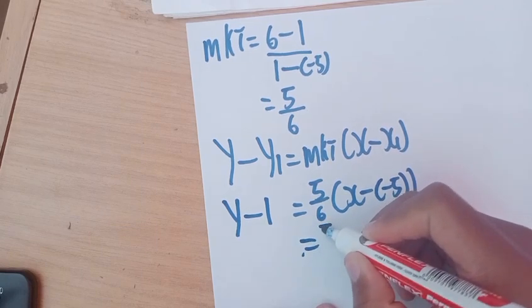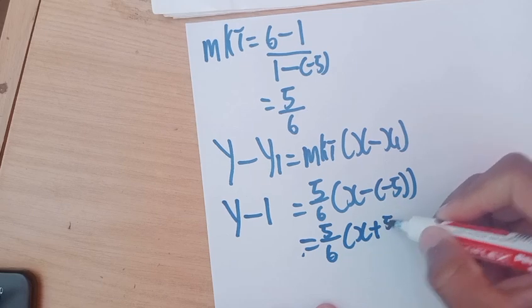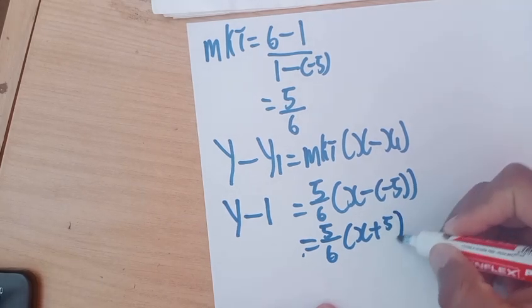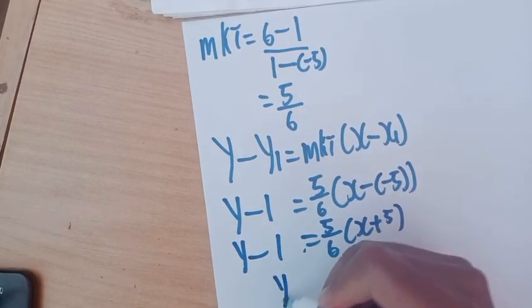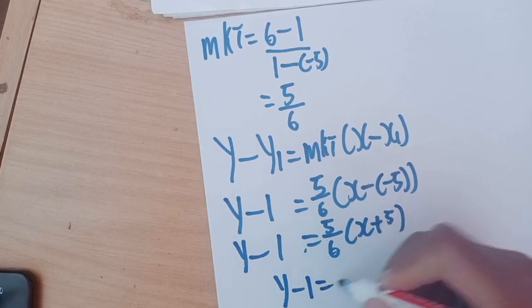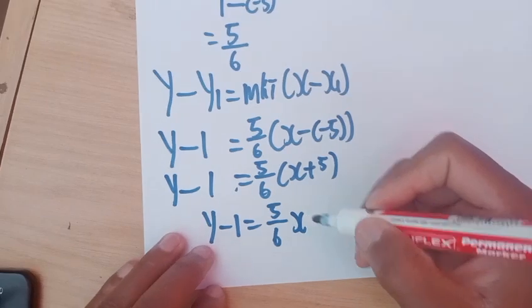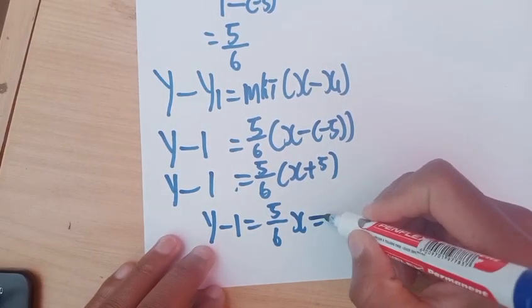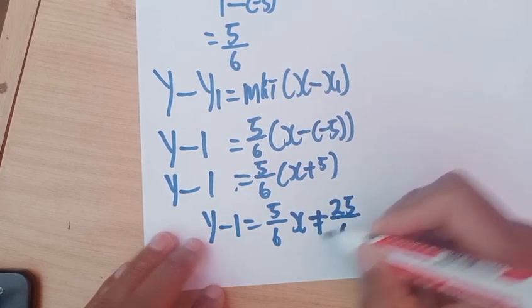Then 5 over 6 x plus 5. So I'm simplifying now. Don't be shocked. What is this doing? It's 5 over 6 x. Then here you'll get plus 25 over 6.